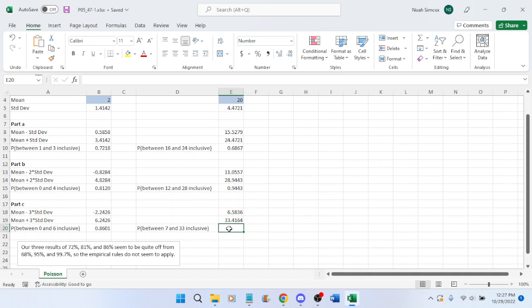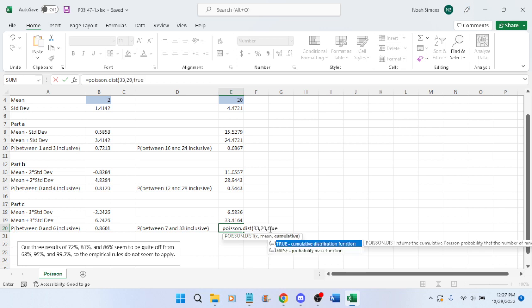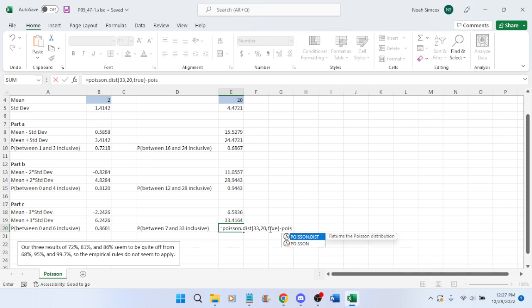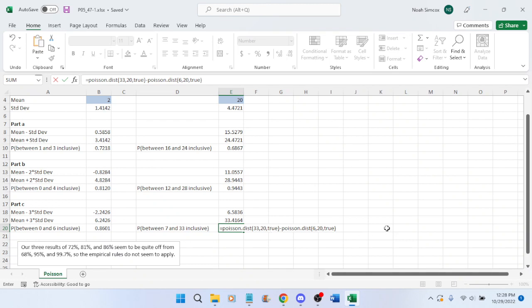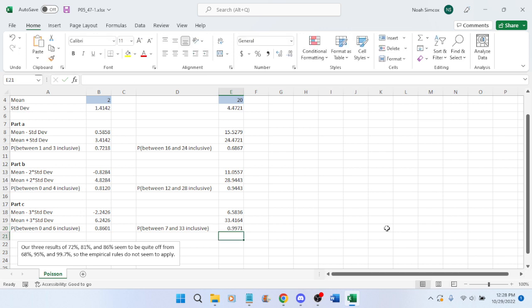So equals Poisson.dist 33, comma 20, true, minus Poisson.dist 6, 20, true, and we get basically the empirical rules.